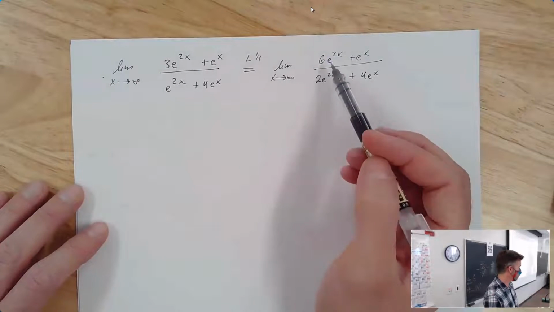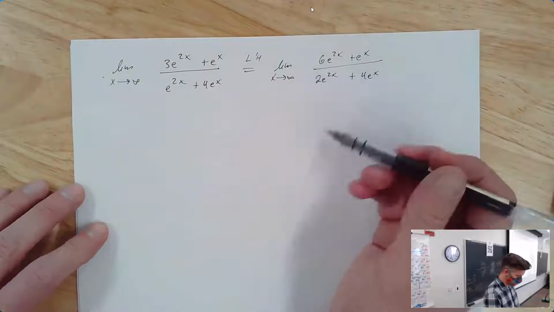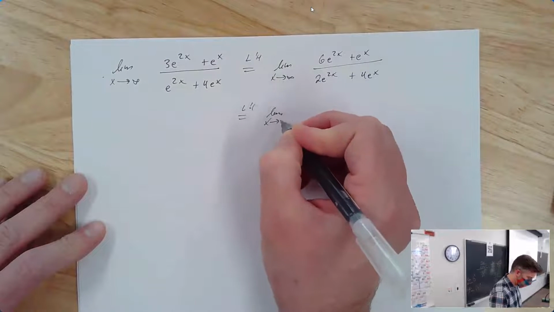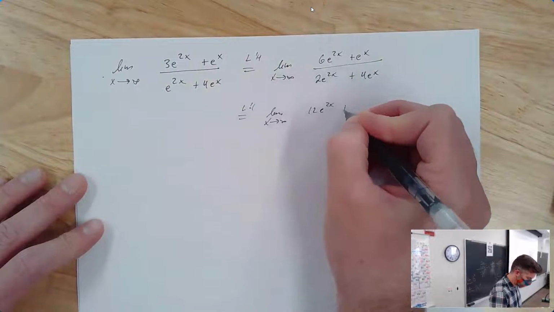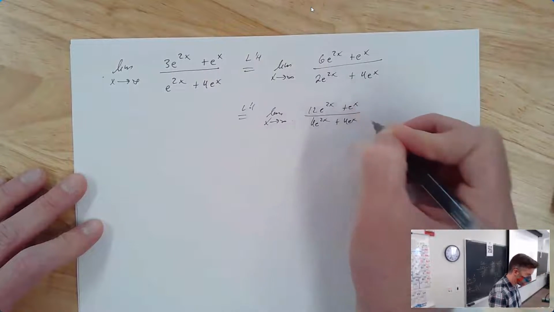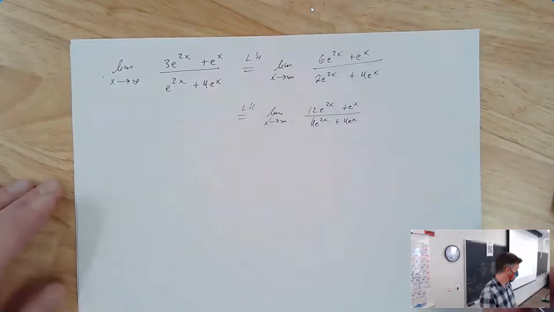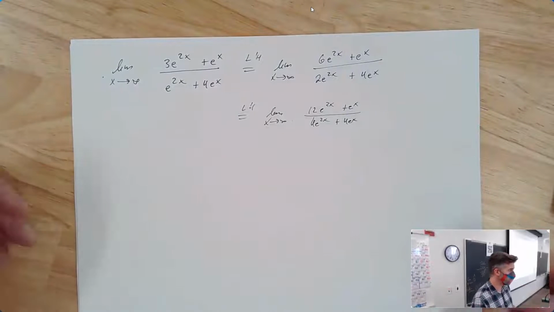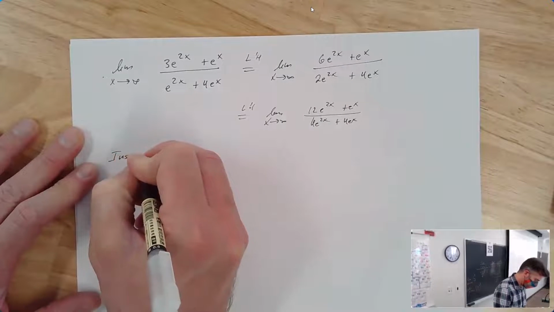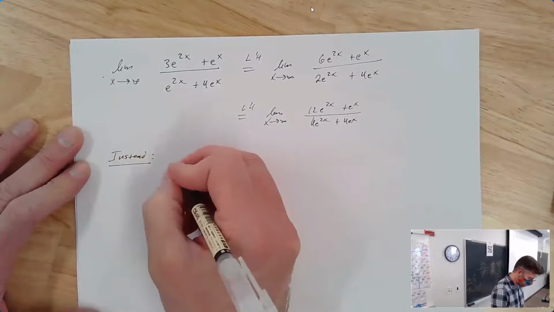The top part is just going to multiply by 2, so the next one would be the limit as x goes to infinity of 12e to the 2x plus e to the x over 4e to the 2x plus 4e to the x. Still infinity over infinity. I'm not going to get anywhere doing this. So instead, we have to use some other tools.